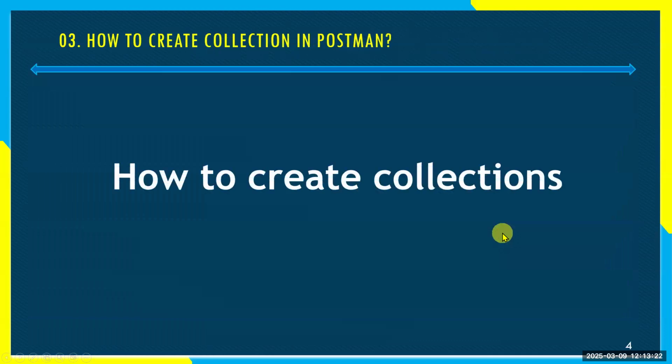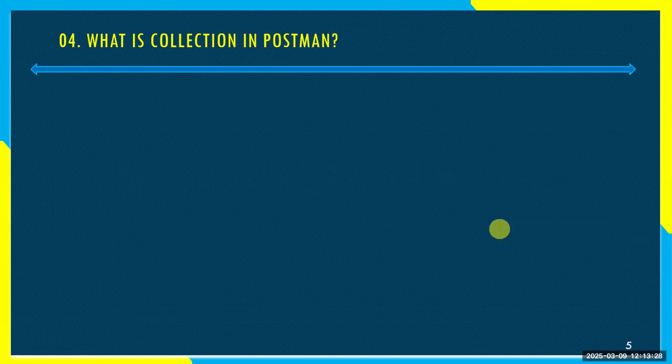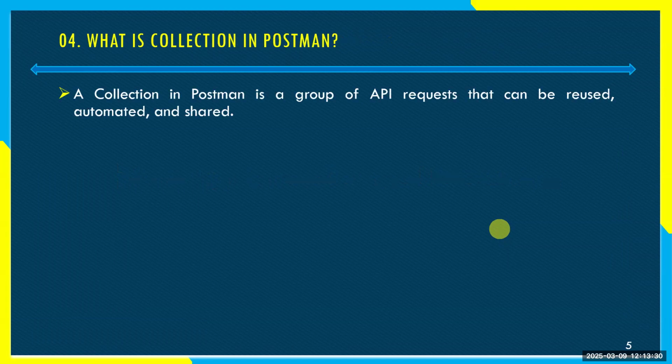How to create a collection? Okay, in Postman, we'll see first one by one automation. So first of all, what is the collection? A collection in Postman is a group of API requests that can be reused, automated, and shared with the team members.